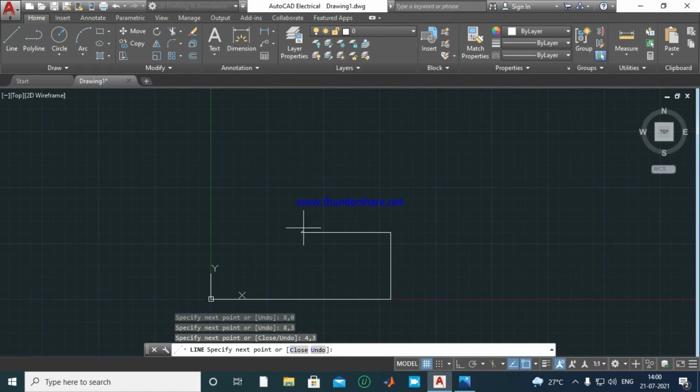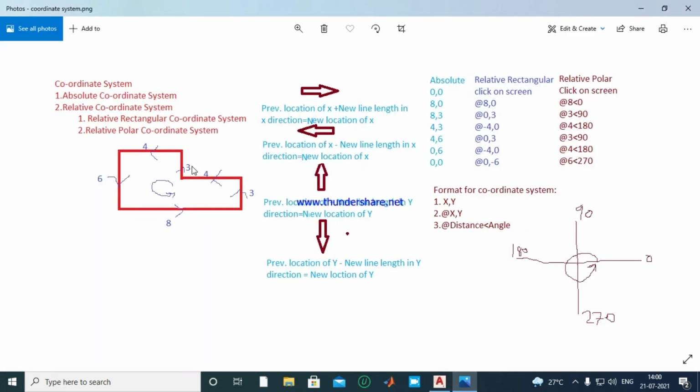Now I need to draw the line in the y direction from the location of x at 4. So I will write 4 here. Now I have to give the y value. How much is the length of y here? 3.